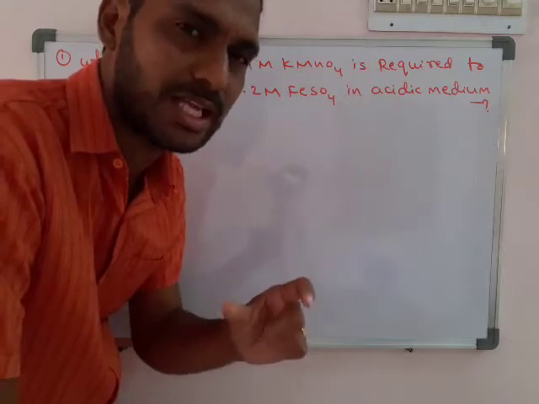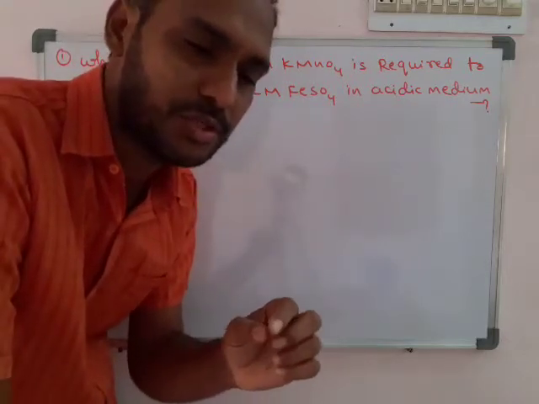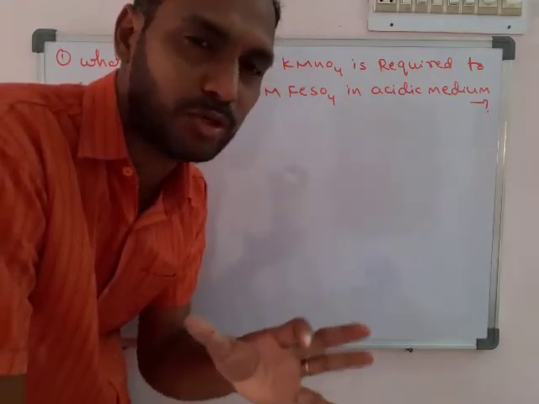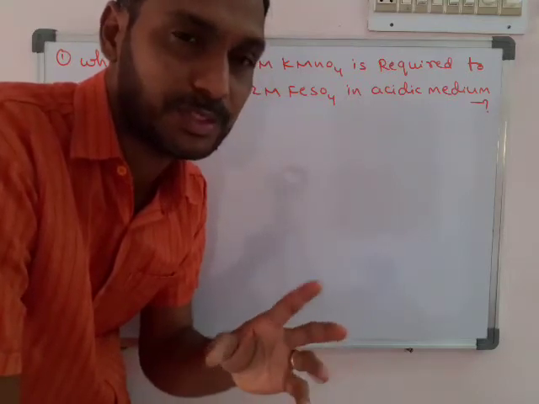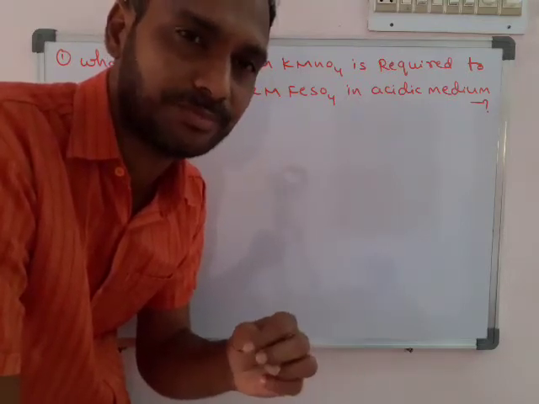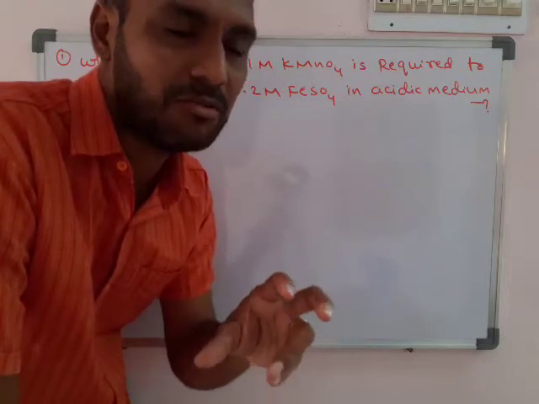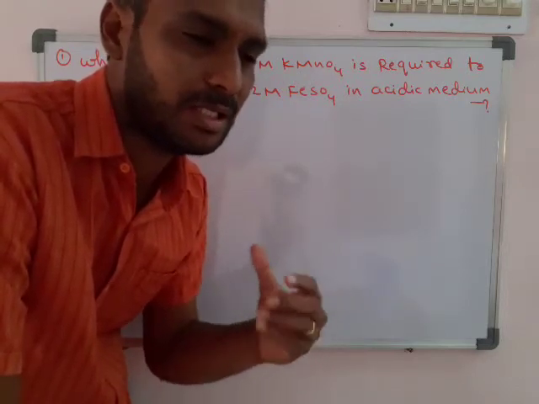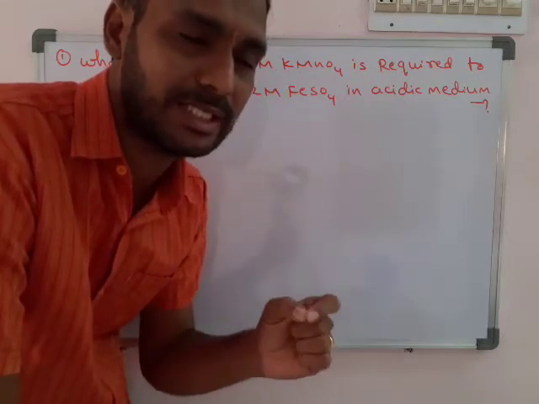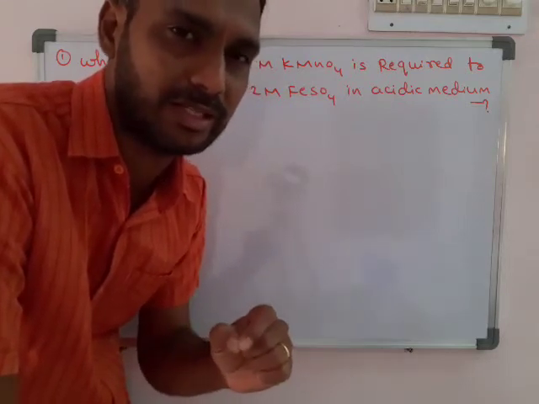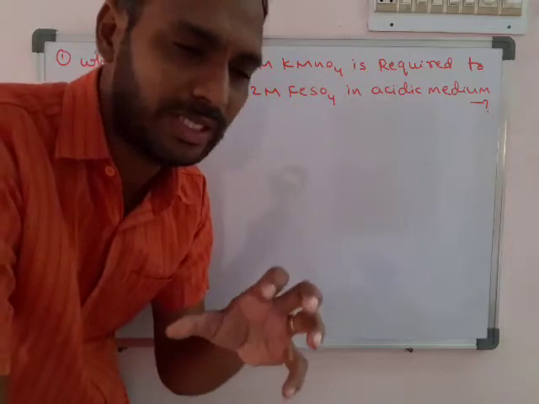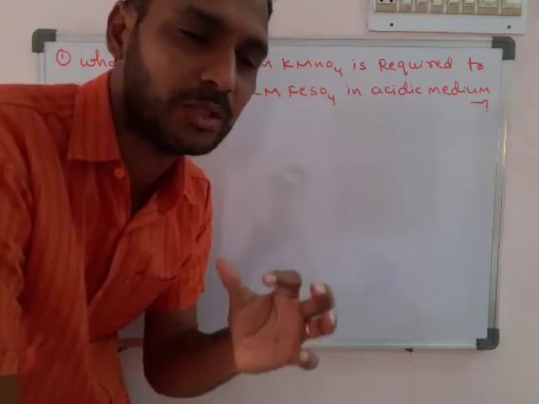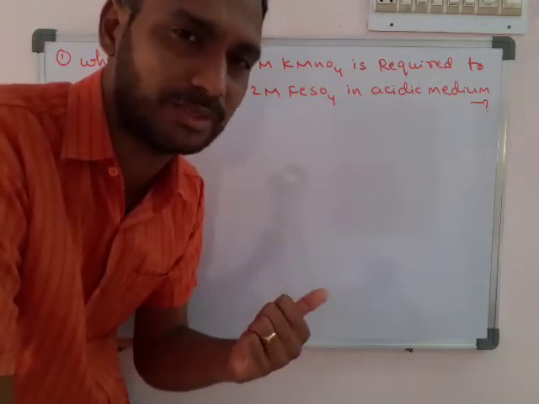In the introduction class we discussed that there are two methods to do the stoichiometric problems: comparing the moles and equalizing the milli equivalents. Means here we are able to calculate it in terms of milli equivalents. So the easy way is that we don't need to find out the total reaction.